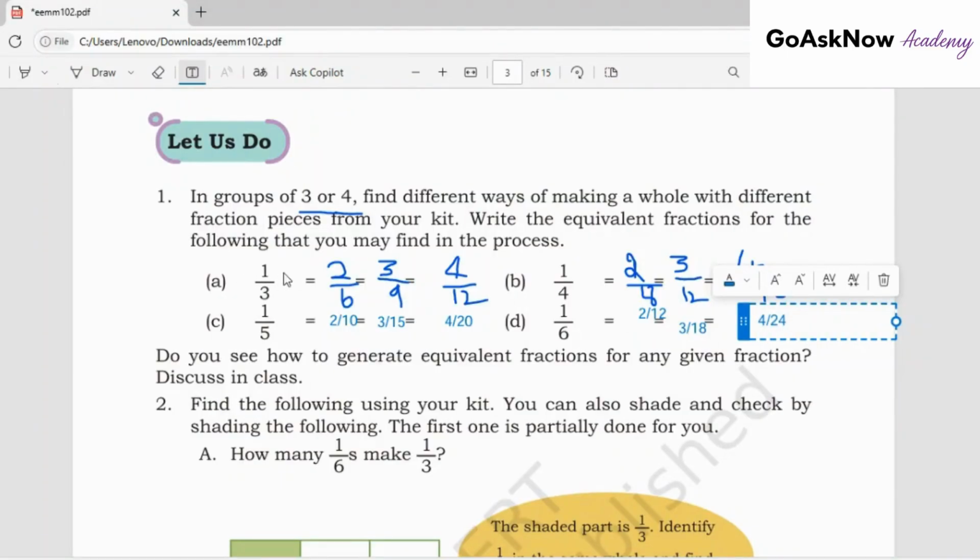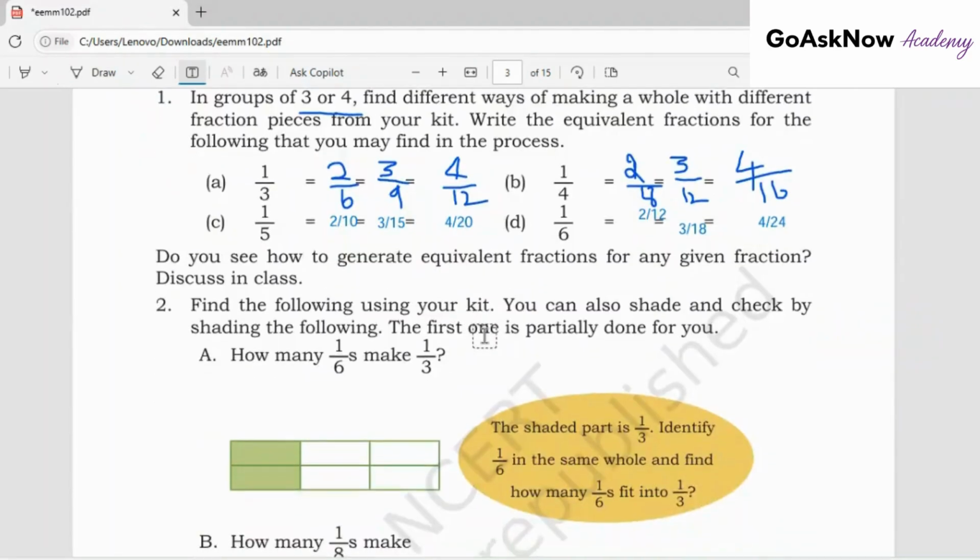In the numerator we are adding one value each time, and in the denominator we are adding 3 plus 3 is 6, 6 plus 3 is 9, 9 plus 3 is 12. Like that we do for each part.